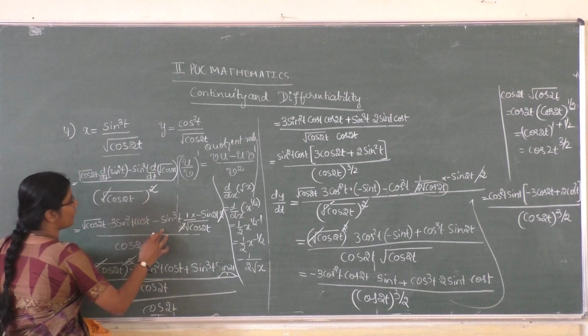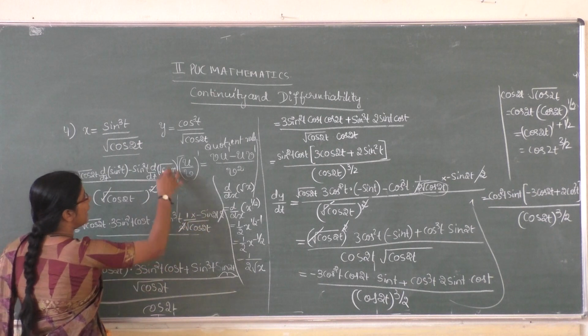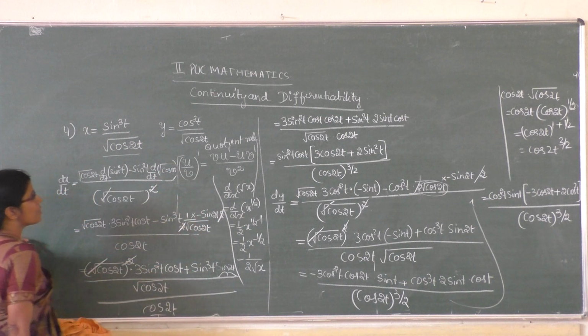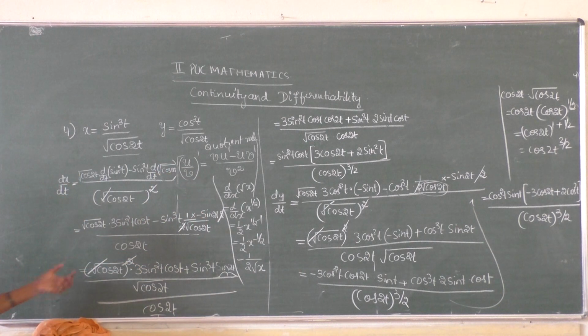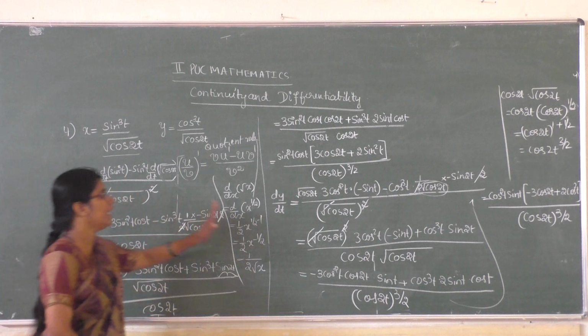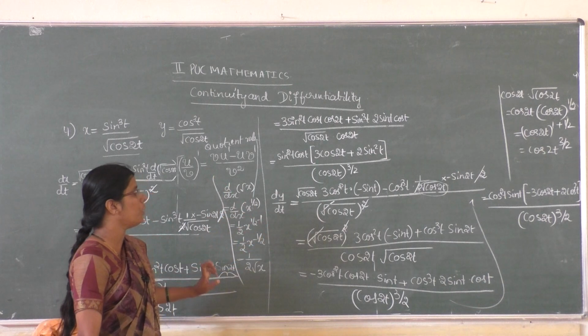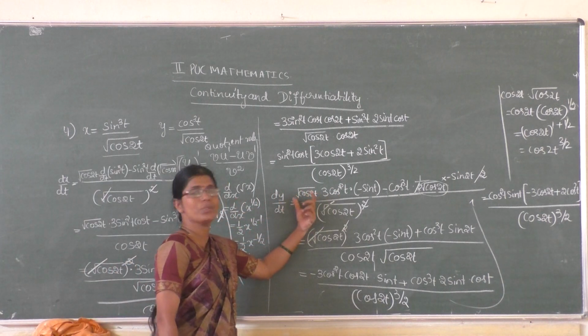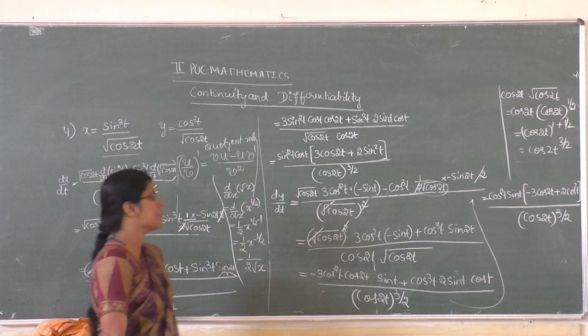Here sin cube t, root cos 2t is 1 by 2 root of cos 2t into derivative of cos 2t, that is minus sin 2t into 2. Then all this simplification we have to do. Similarly, for dy by dt also we have to use the quotient rule, okay. Directly we use the quotient rule here, then we have to do all simplification.